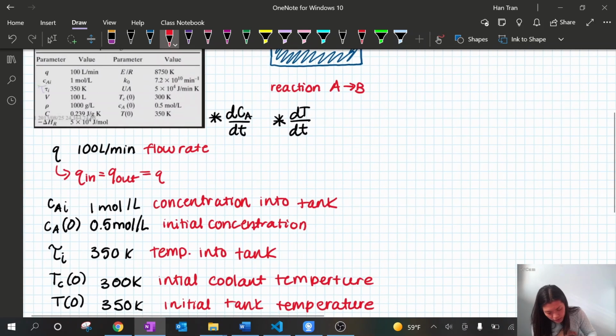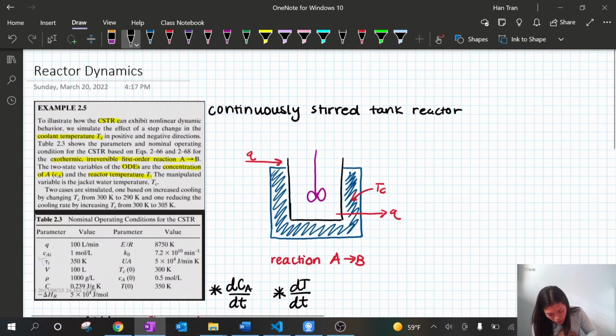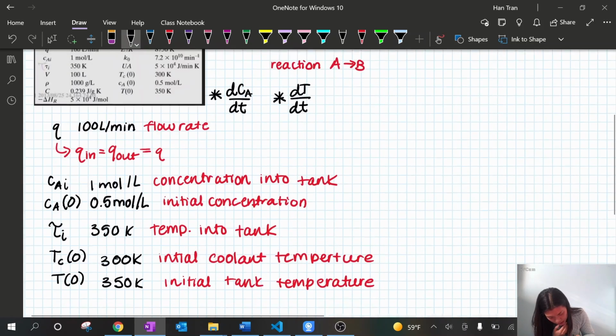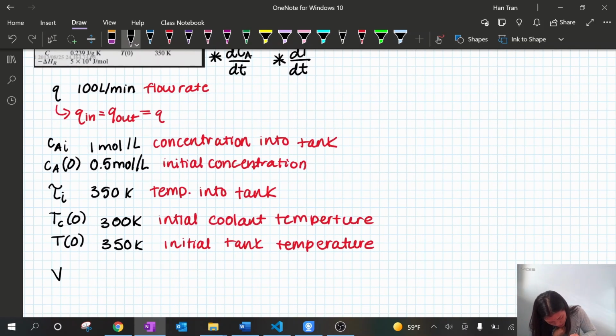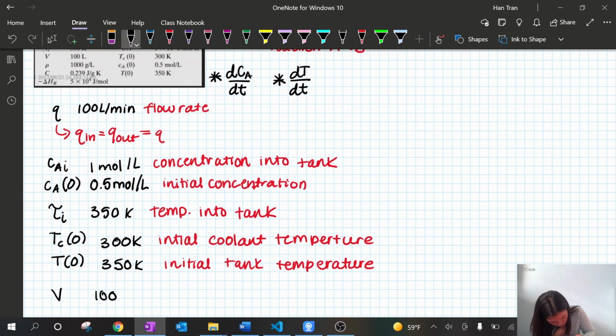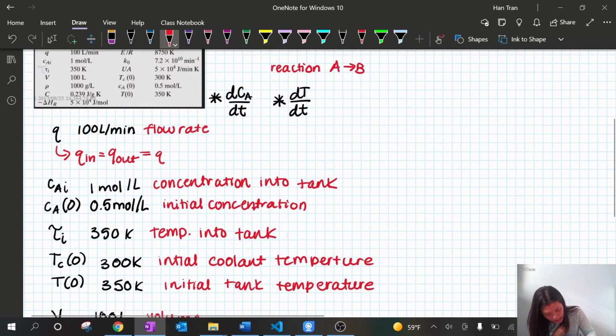Now we are also given volume, so we are only given one volume, which means that the volume in this case is constant. So we have V parameter is 100 liters, and that is the volume in the tank.